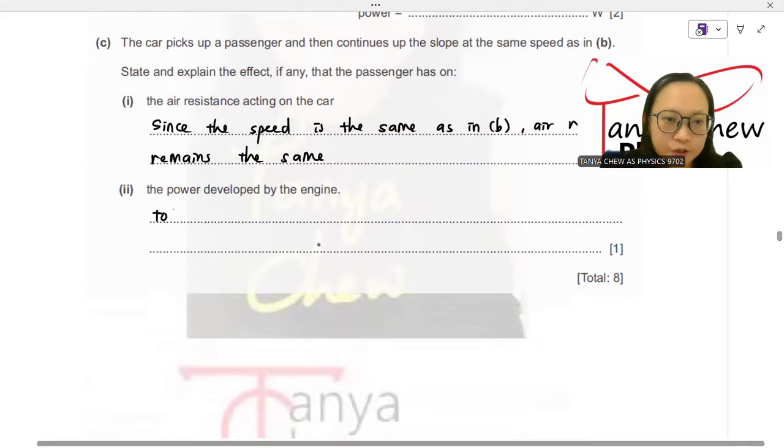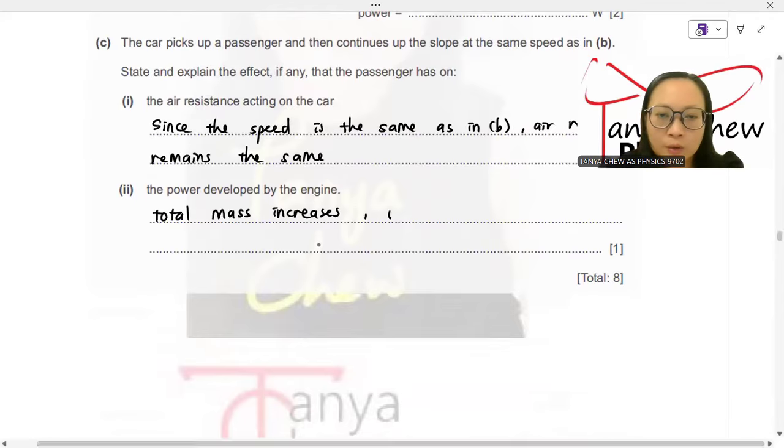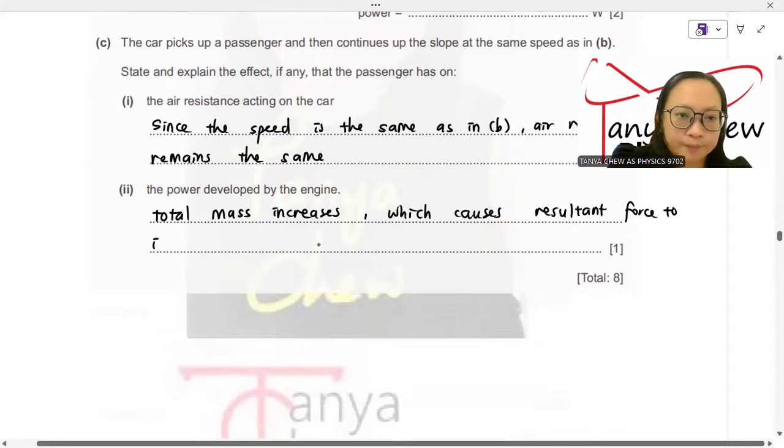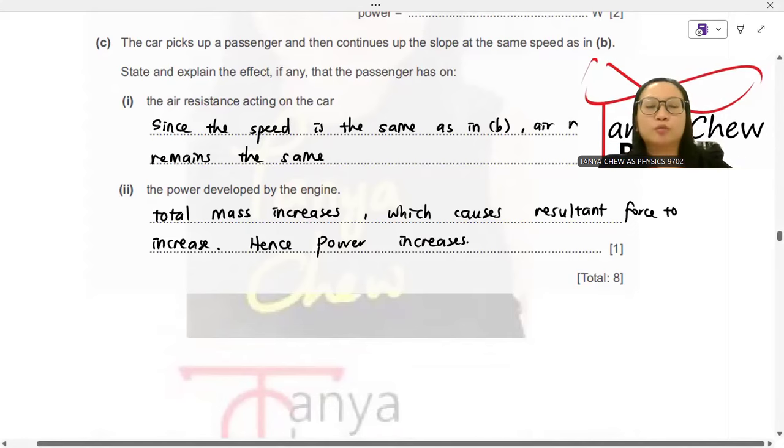So I will say the total mass increases, which causes the resultant force to increase, hence power increases. Power developed by the engine will also increase.